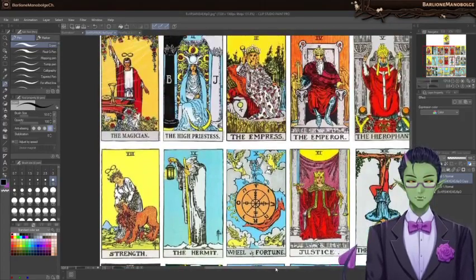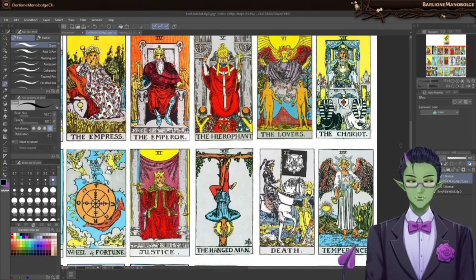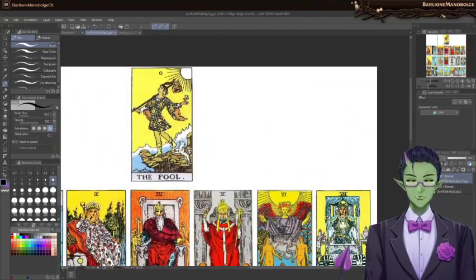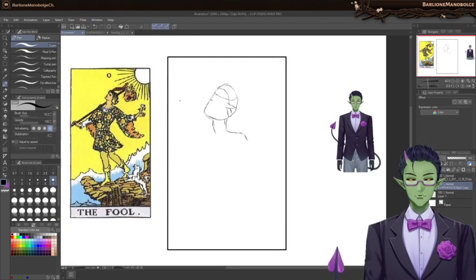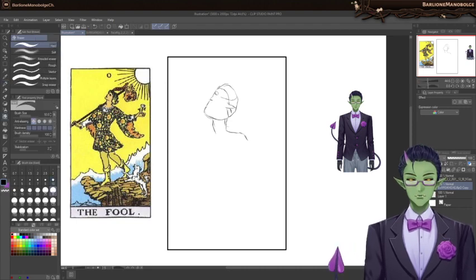I have to censor the star. It's all fairly flat, which is good because I'm not very good at art. Probably the most difficult one is the Fool. So, at least I'm only depicting myself as the Fool and I'm not messing up anyone else.